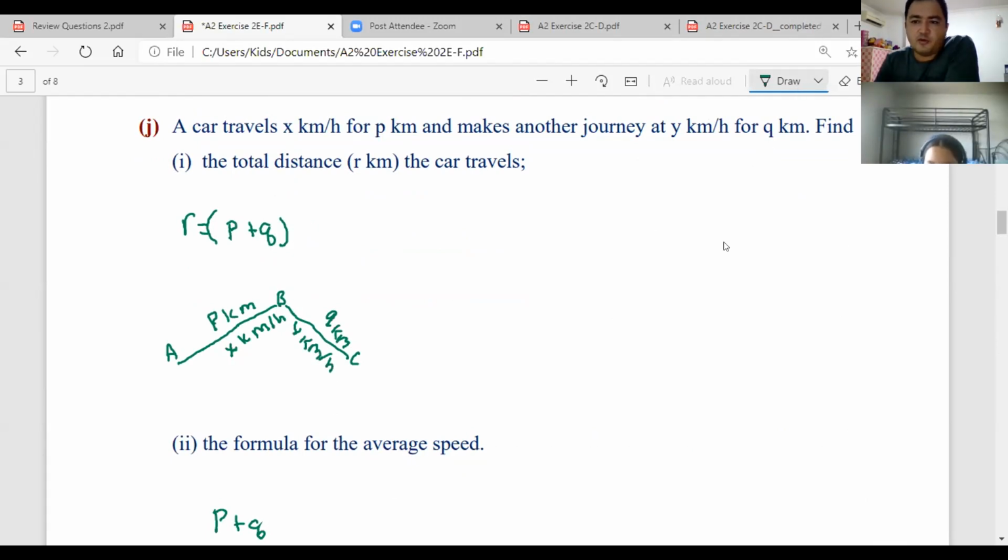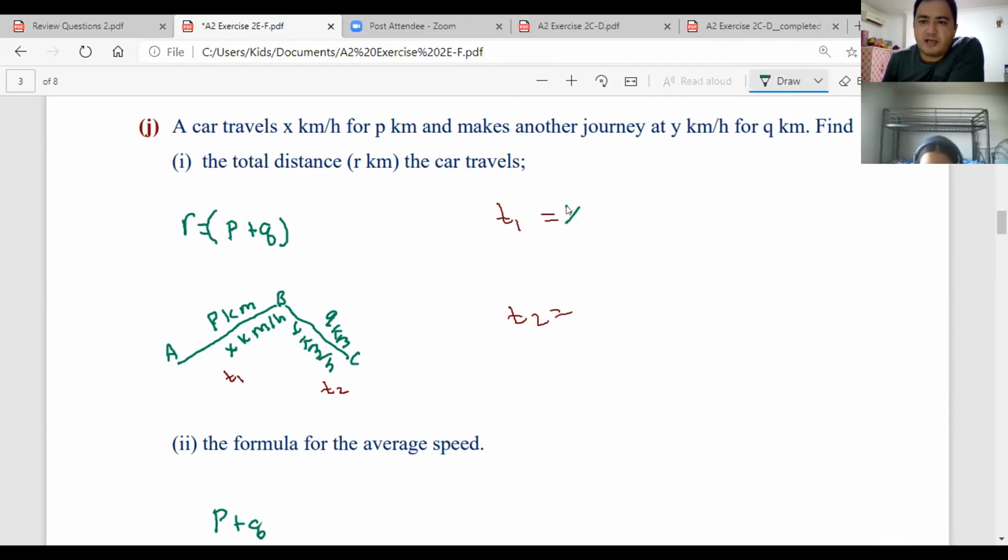Okay, now Shahina, my question is, can you tell me the time taken to travel from A to B? Let's say from A to B we spent T1 hours. From B to C, T2 hours. Can you just tell me what is T1 and what is T2? No, can you write there, what is T1? What is time?